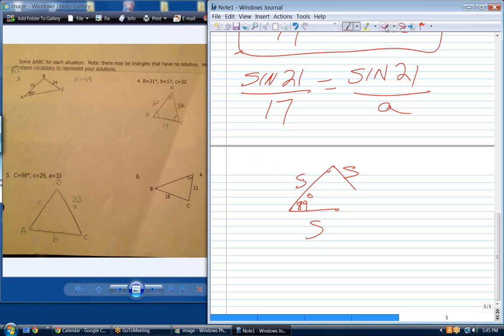No, not that side. You can only have the ambiguous case when you have side-side-angle. But it doesn't matter if it's in this orientation or the other one. Completely unimportant.